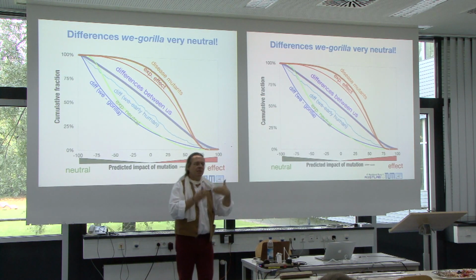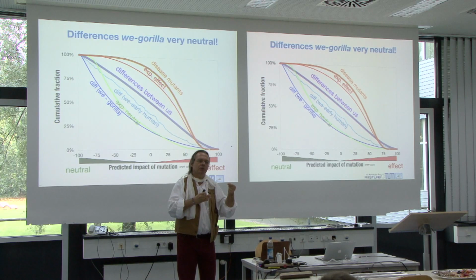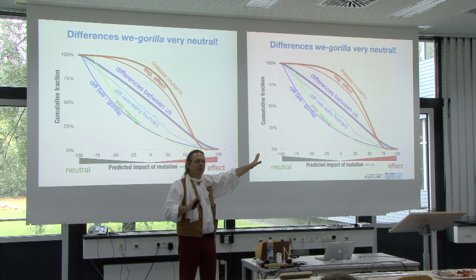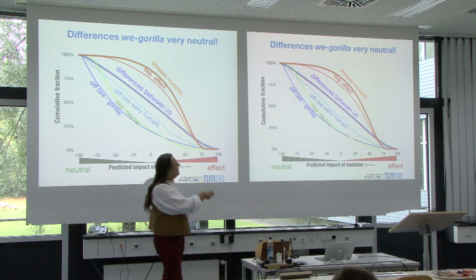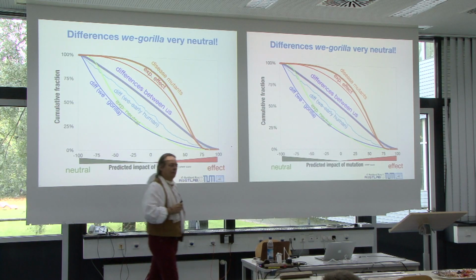We are using the subset of all the proteins where I can make the clear statement that the gorilla protein is an ortholog of the human protein. Okay, it's a smaller subset than 20,000. And then I ask for all the variance between gorilla and me. What's the effect? But it's still surprising that this is more neutral than any pair in the room, right?